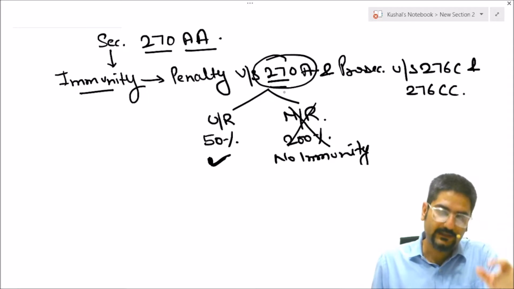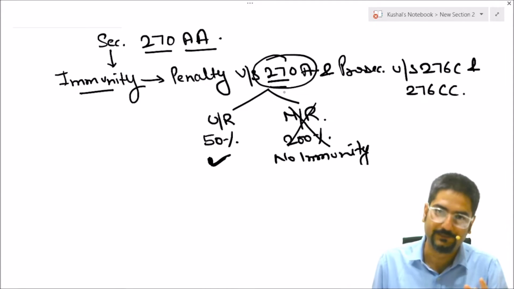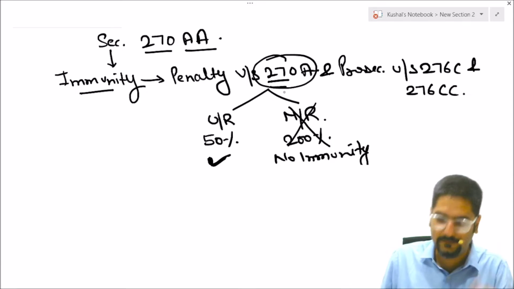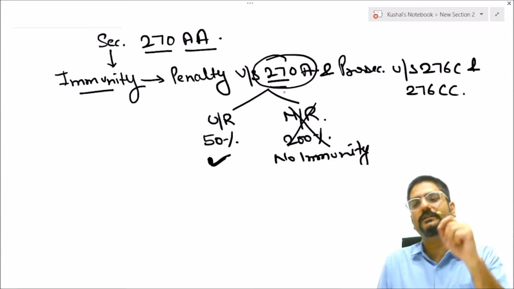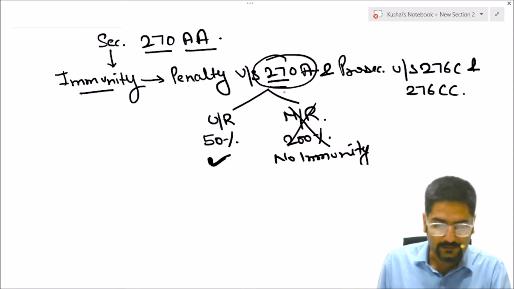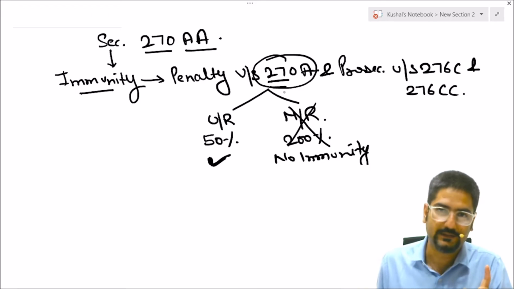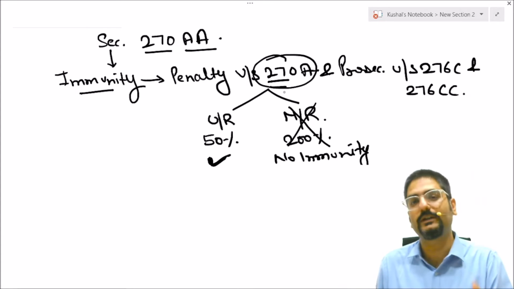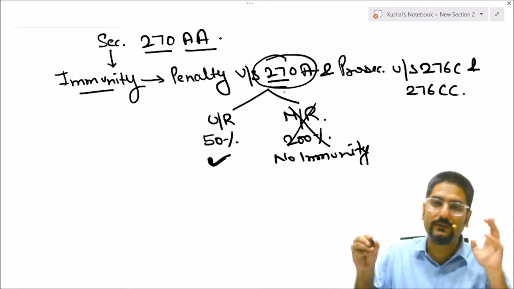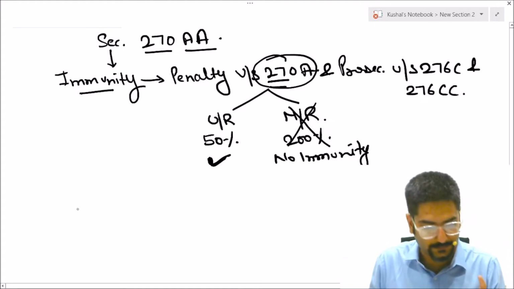Not showing any asset or any investment in the books is misreporting. These are a few examples of misreporting mentioned in section 270A. So immunity for this will not be granted under section 270AA. Immunity is granted only for under-reporting of income, in which the penalty is 50%.